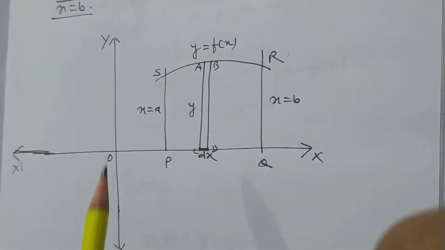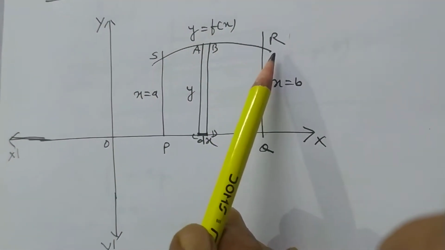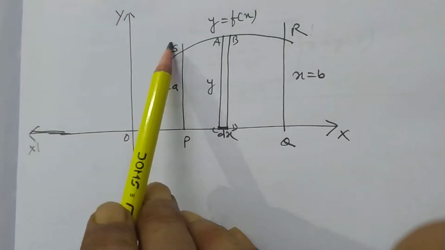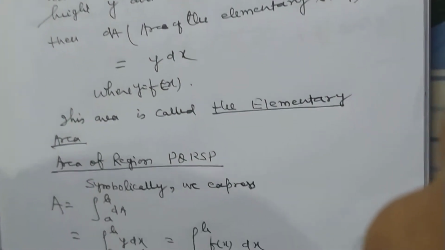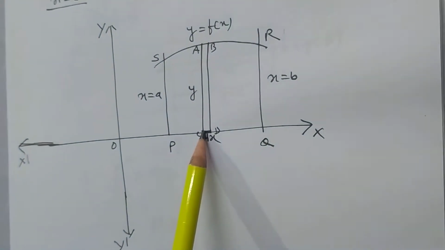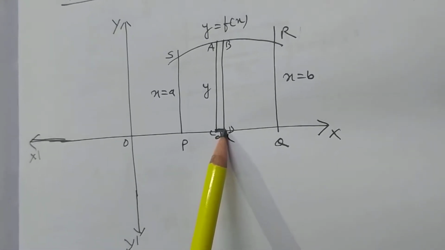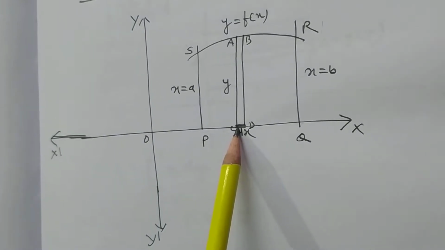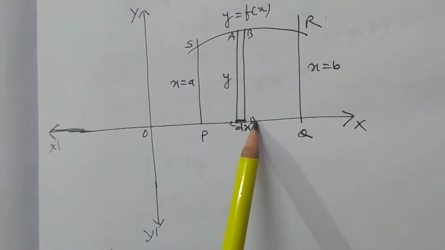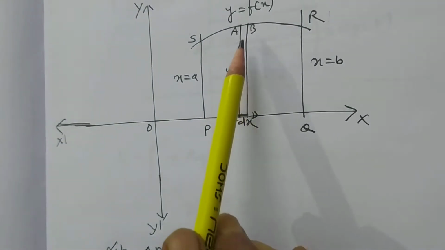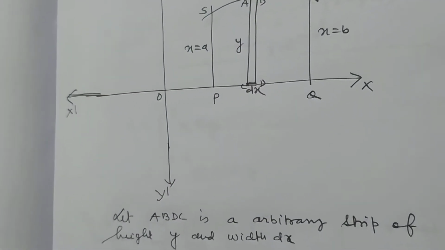Area of region PQRS. This is the graph of y is equal to f(x), and the area of the region PQRS is equal to. Now what do you observe? If the breadth of this strip is dx and this is y, then the area of this strip is y into dx.